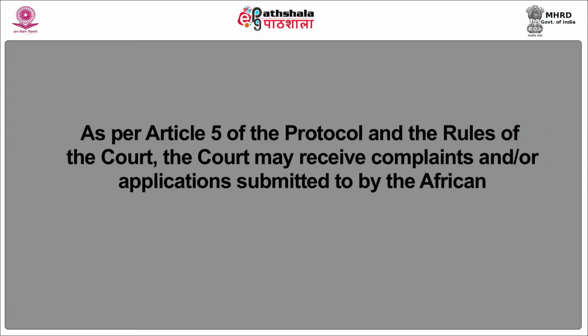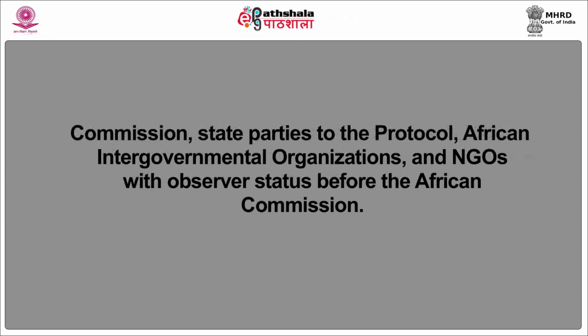As per Article 5 of the protocol and the rules of the court, the court may receive complaints and or applications submitted to it by the African Commission, state parties to the protocol, African intergovernmental organizations, and NGOs with observer status before the African Commission.